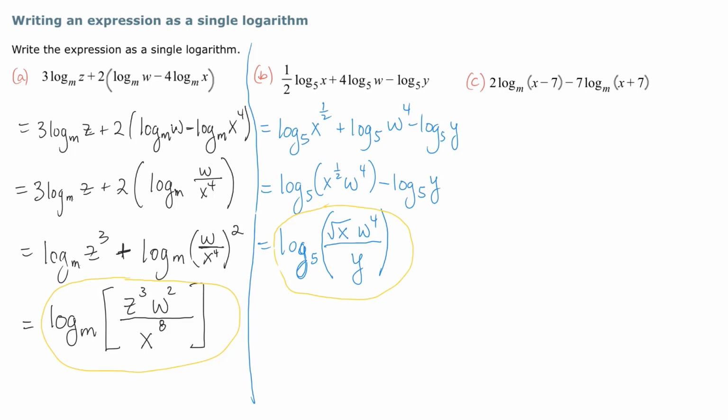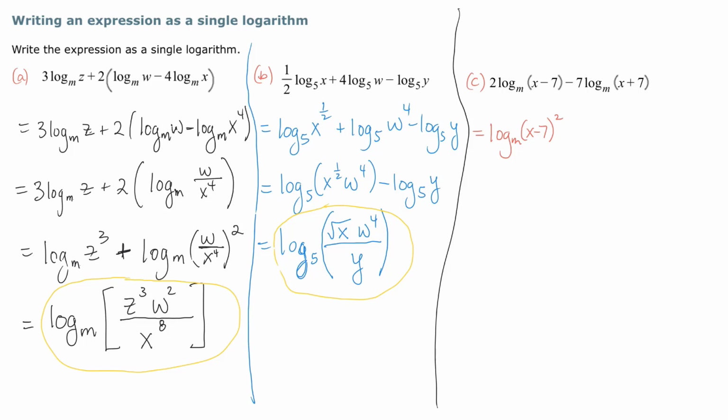Why do we want to write multiple logarithms into a single logarithm? It really helps with solving log equations later on. So that is really why we're condensing like terms involving logarithms. Let's try part C. Once again, we want to take that coefficient and make it into an exponent on the argument.